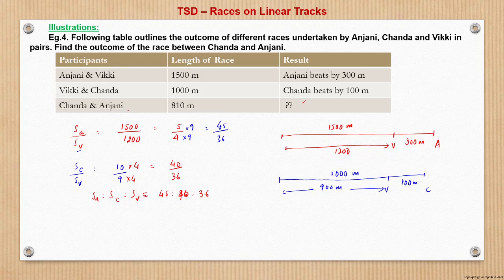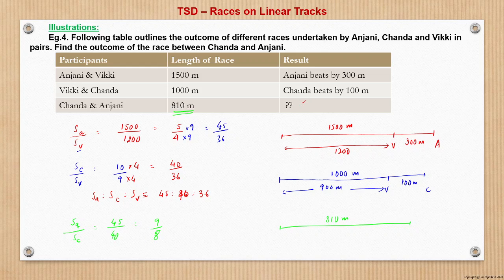Now the question is, when Chanda and Anjani get into an 810-meter race, so it means that the third race is 810 meters. So what happens? Now see, in that case we should first find out the ratio of the speeds of Anjani and Chanda, SA upon SC, and that is nothing but 45 upon 40, which is 9 by 8.